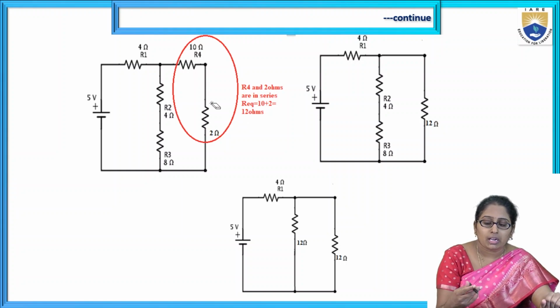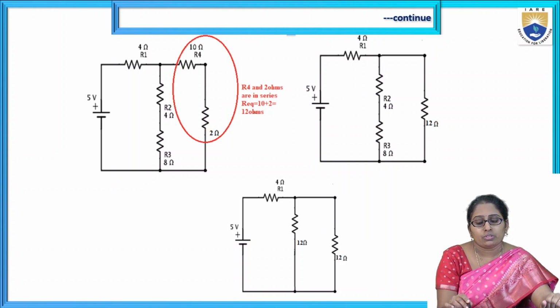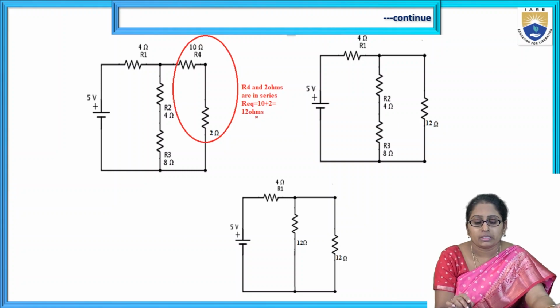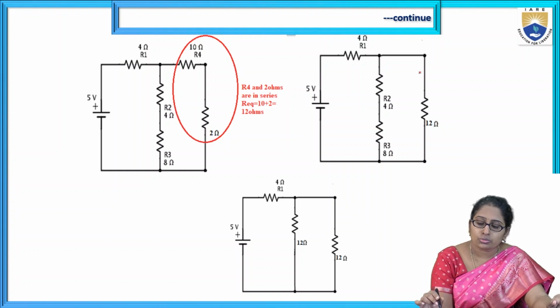The equivalent value is 12 ohms. So in the next circuit, show these two as a single resistor whose value is 12 ohms.